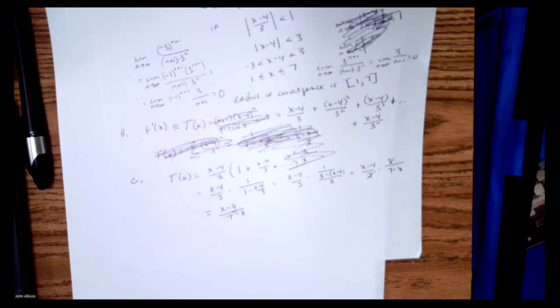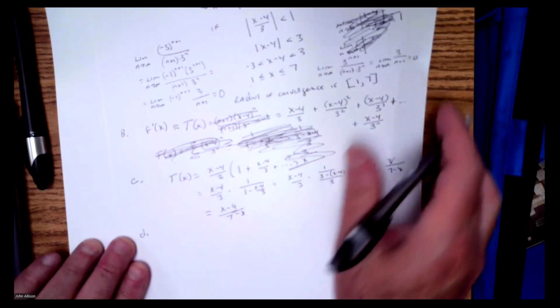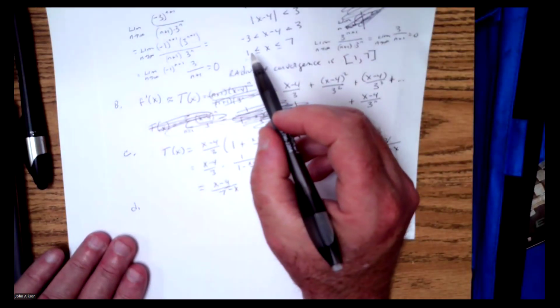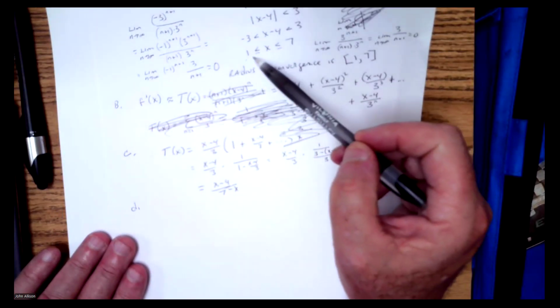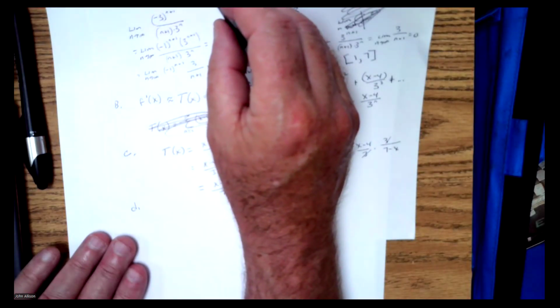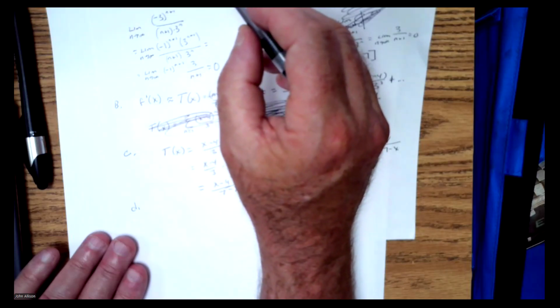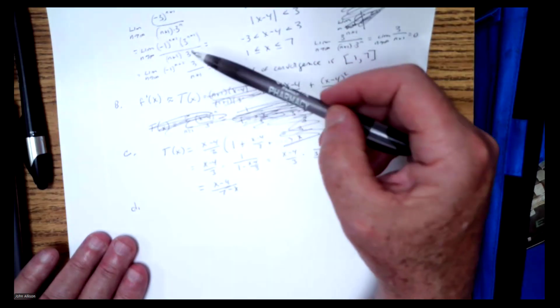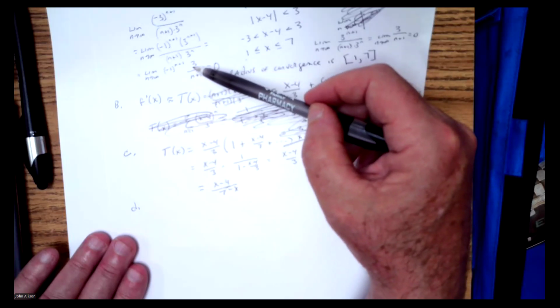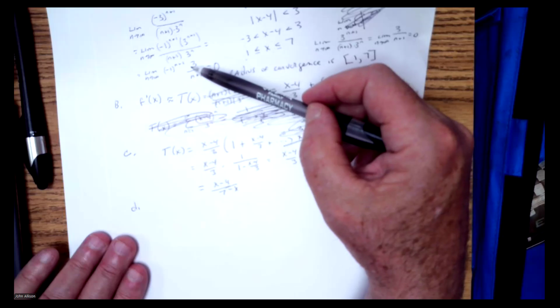Okay, so now I'm curious, because this obviously does not converge at the endpoint, and I got that it did. So curious about that. Well, look. If I plug in 1, I get negative 3 to the n plus 1 over n plus 1. That's an alternating series.